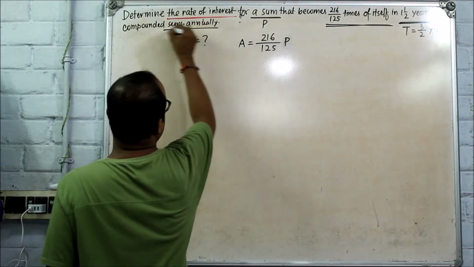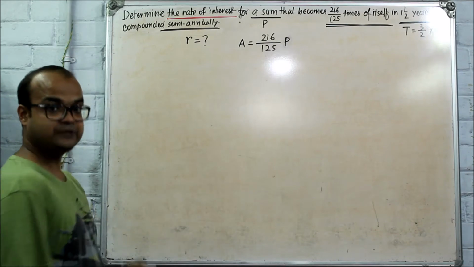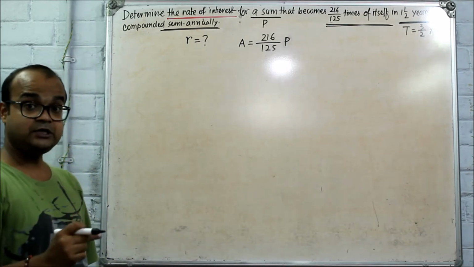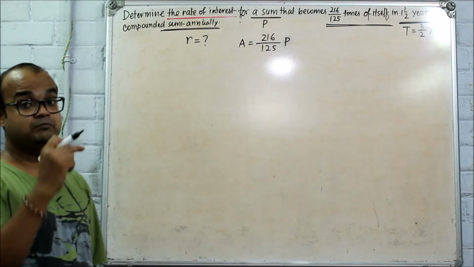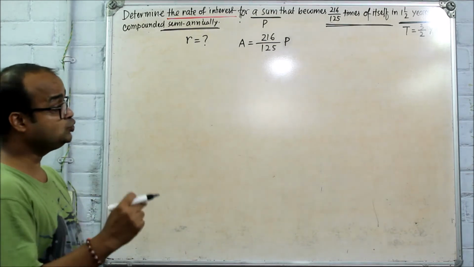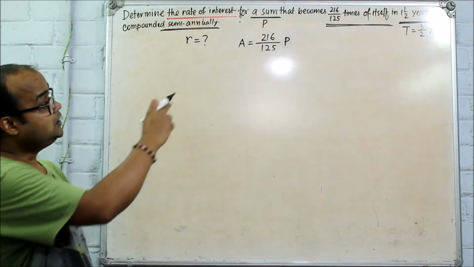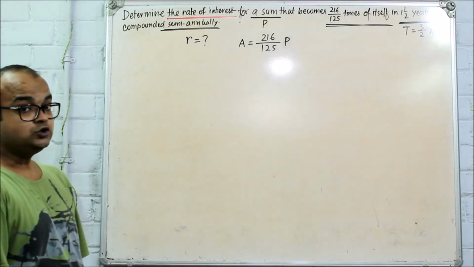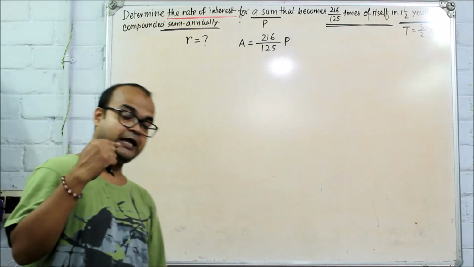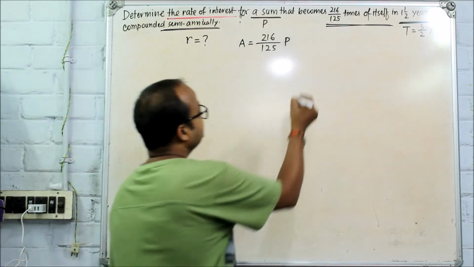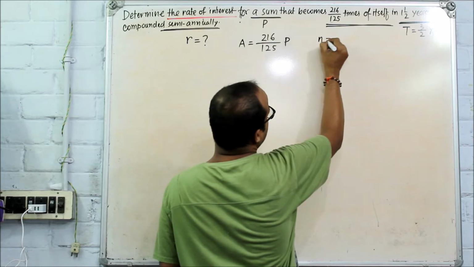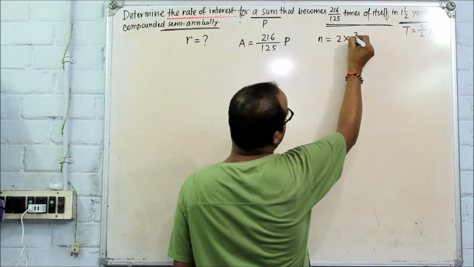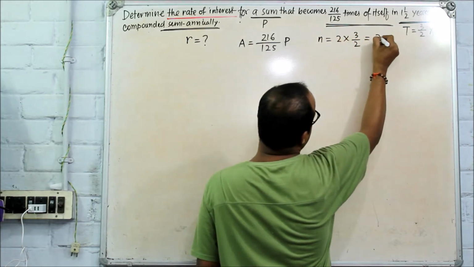Compounded semi-annually. In case of semi-annual, n is multiplied by 2. So n is equal to 2 into 3 by 2, that is equal to 3.